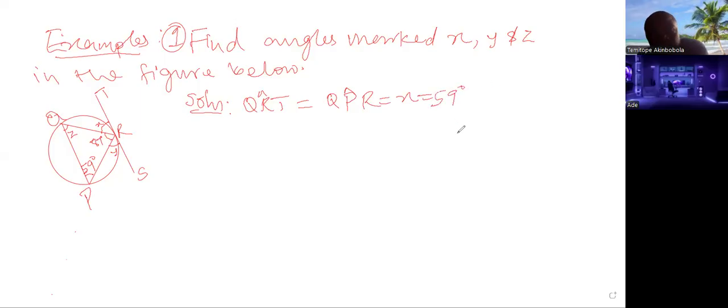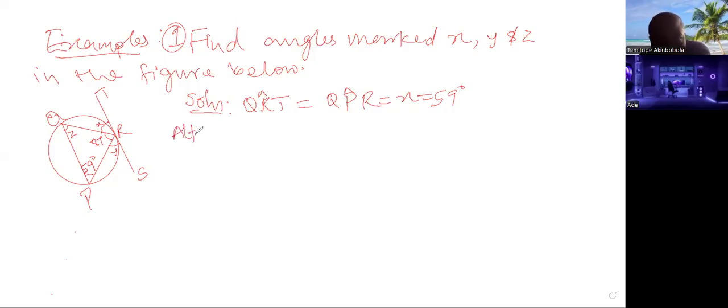Do you agree with that? Yes, sir. Angle between a chord and a tangent is equal to the angle in the alternate segment of that. So the alternate segment to this chord QR is PR. Do you understand that now? Yes, sir. Let me write it down so that it will make sense to you.